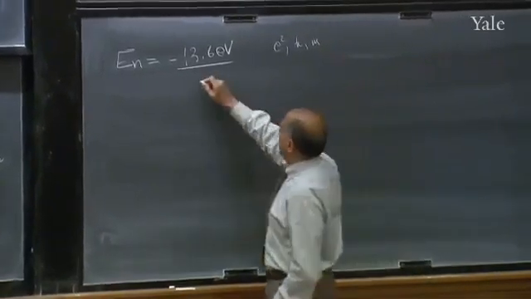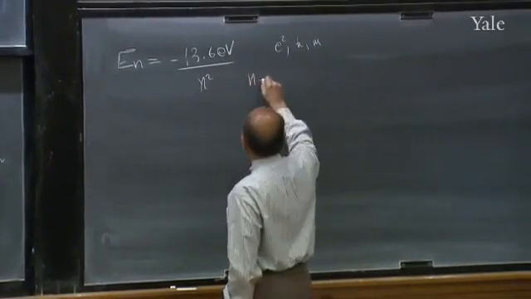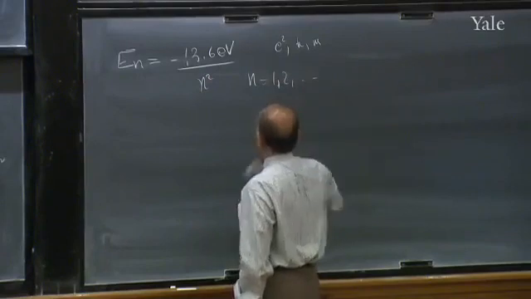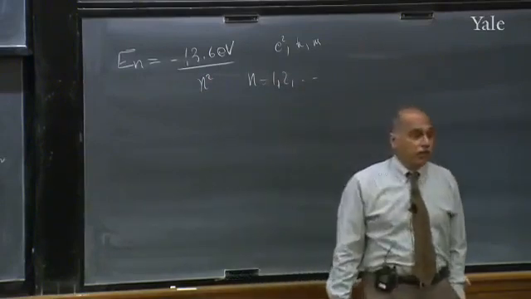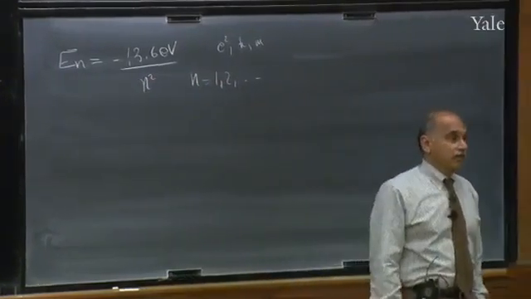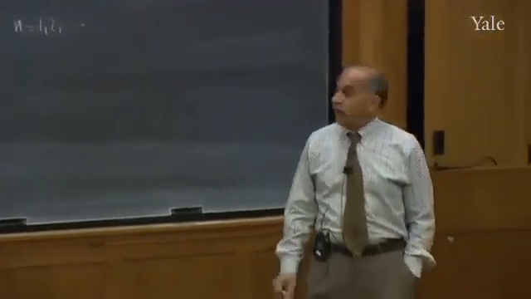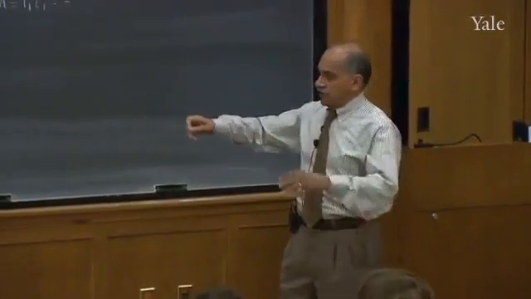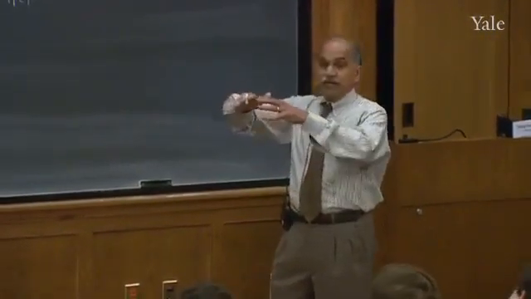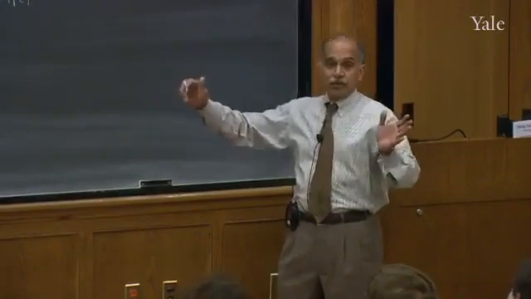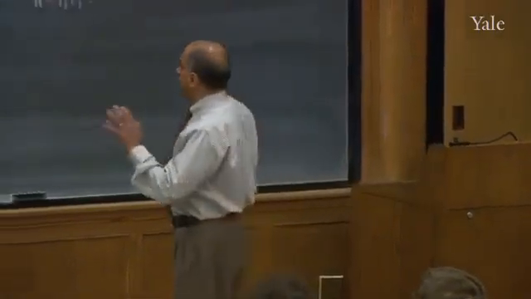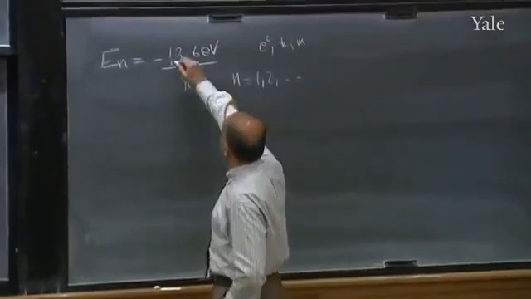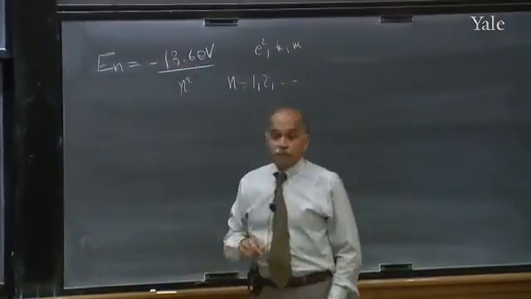Some number divided by n squared, where n is an integer, 1, 2, 3, etc. That's it. These are the only allowed energy levels of hydrogen. If you solve this equation in 3 dimensions, and you demand the functions vanish at infinity rather than blow up at infinity, you will find you can get solutions only at certain special energies. And these are the energies you get.